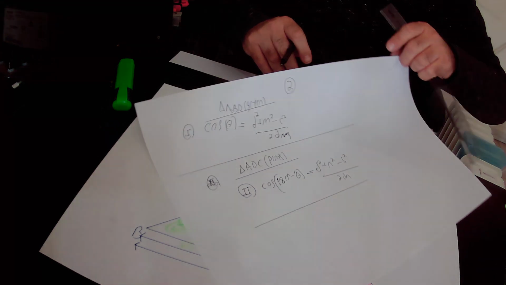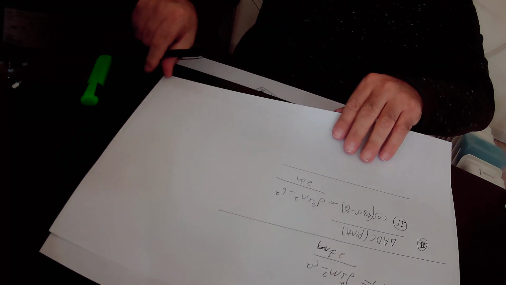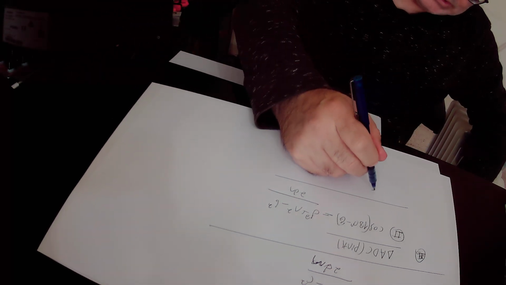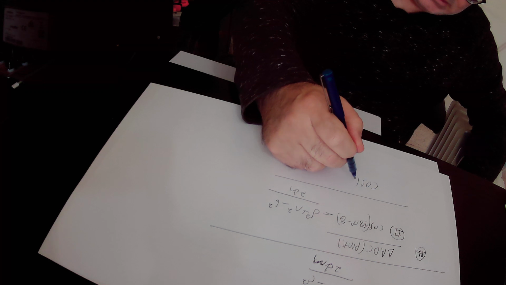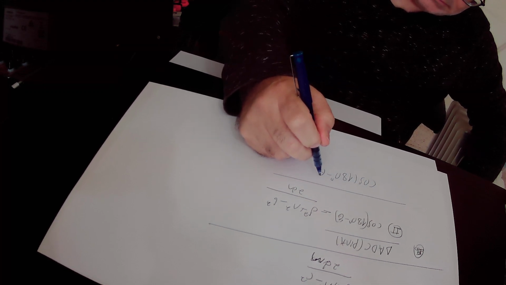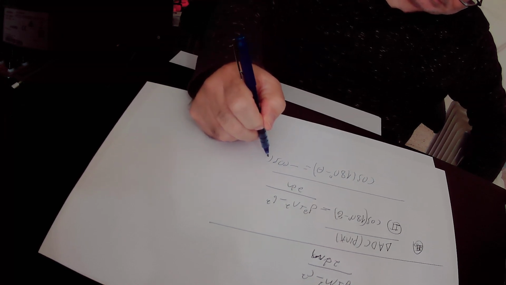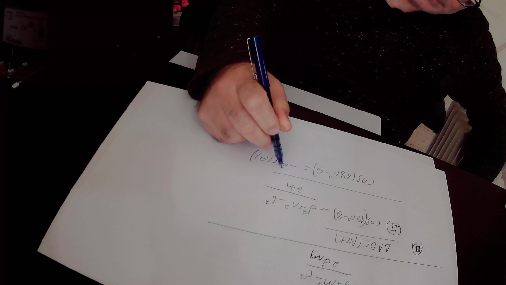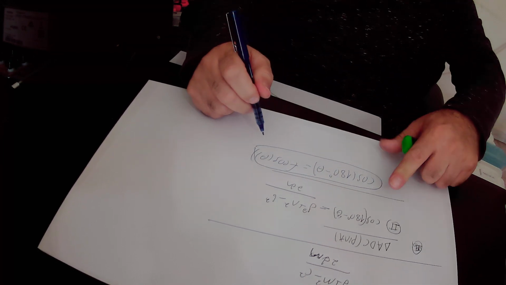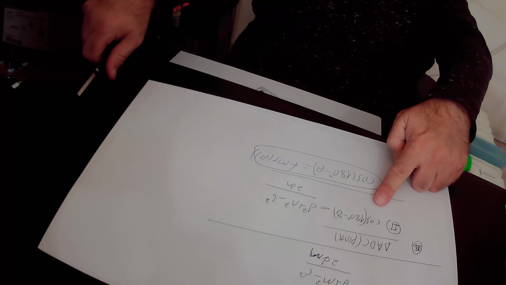According to the trigonometric identity, we know that cosine 180 degrees minus theta equals minus cosine theta. So we can substitute cosine 180 degrees minus theta in equation number 2 by minus cosine theta.